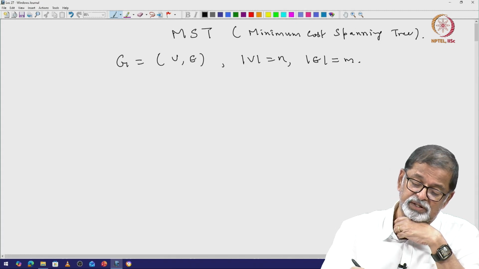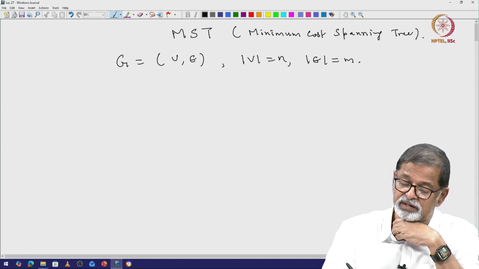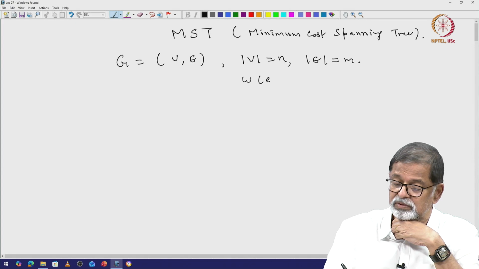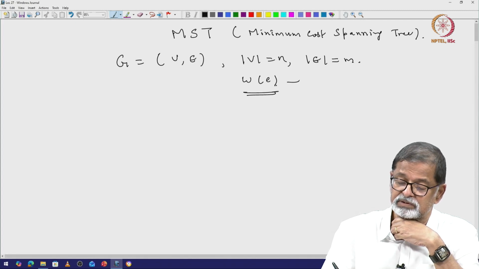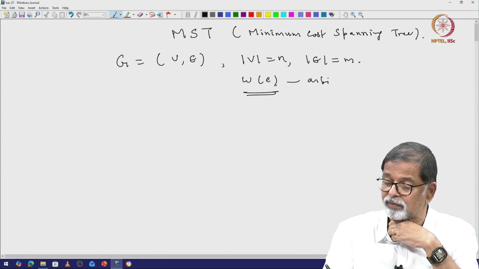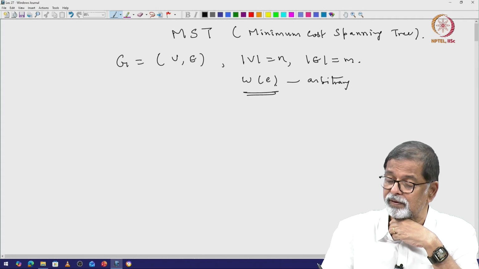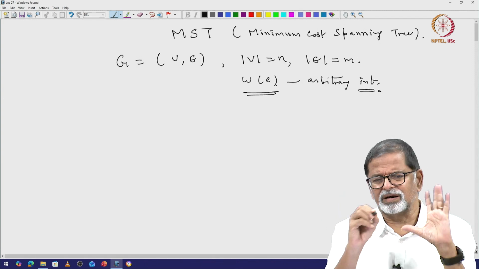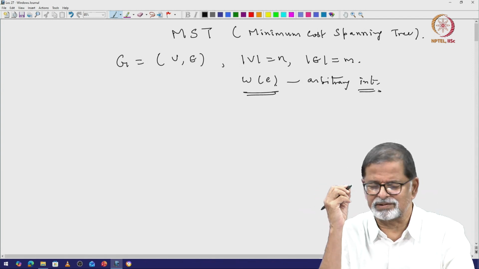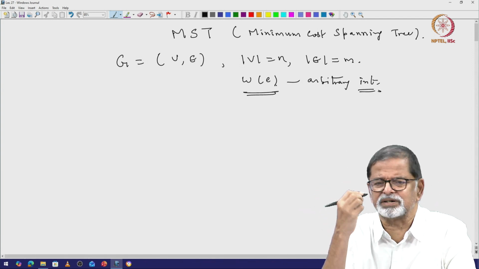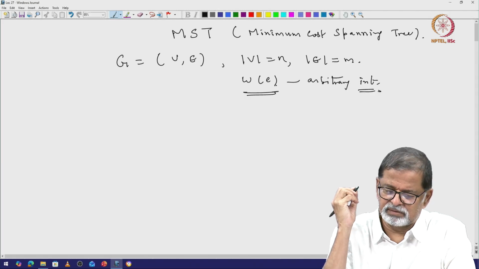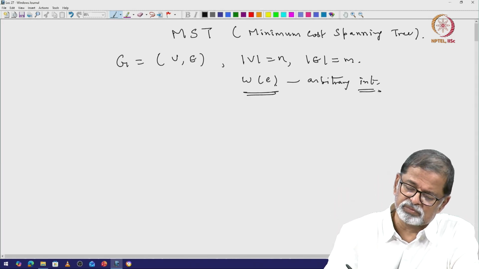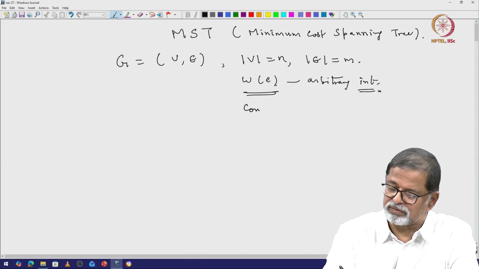We also assume that there is a weight function W. This is an arbitrary integer. It could be positive, negative, 0, it does not matter. All I want is this as an integer, that is it. It is not a big restriction, but we will assume that. We assume that G is a connected graph.